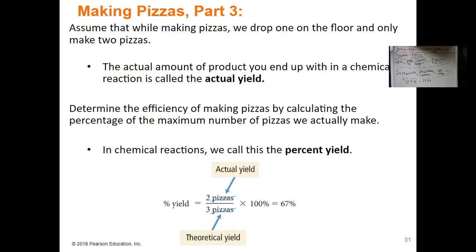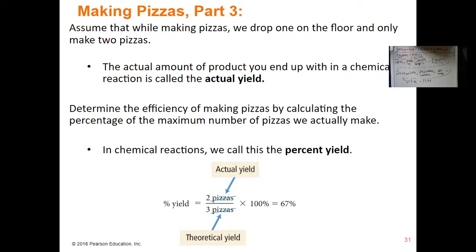The amount of product that you end up with at the end of the day is called your actual yield, or your observed yield, or your experimental yield. This number might be different from your theoretical yield, because theoretical yield is how much product you could make if everything went perfectly. If nothing went wrong and you didn't lose anything, that's how much product you could make.